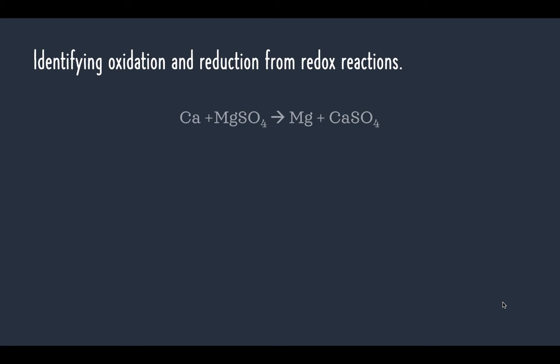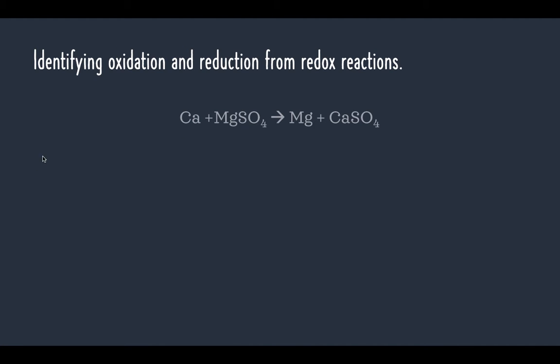So in the reaction here, we have calcium plus magnesium sulfate giving magnesium and calcium sulfate. The very first thing that I would recommend you do is break this down into an ionic equation.